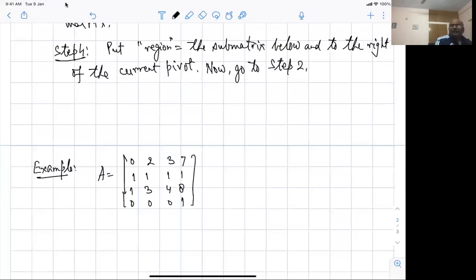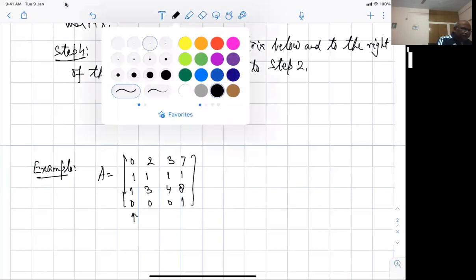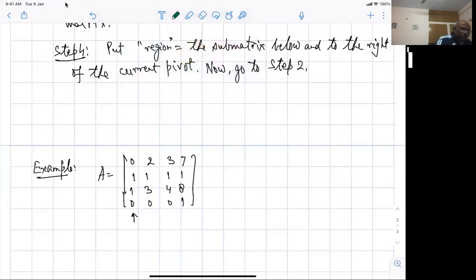Now if I look at this A, it is a non-zero matrix, and therefore I have to look at the first non-zero column. In this non-zero column, the topmost non-zero entry is this. So I have to interchange the first and second rows.